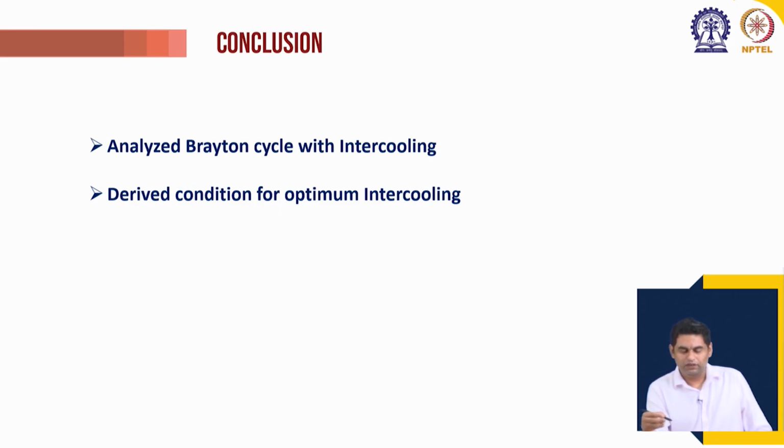To summarize, in this case we have analyzed the Brayton cycle with intercooling. However, we have not yet derived the condition for optimum intercooling. We know that optimum intercooling will be present, and we know how to start deriving it, and we will derive it in the next class.